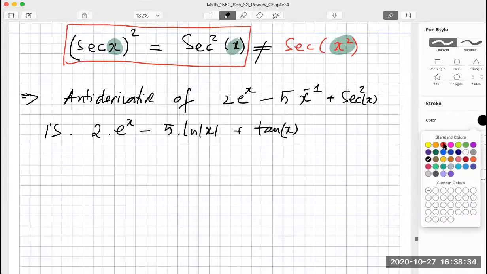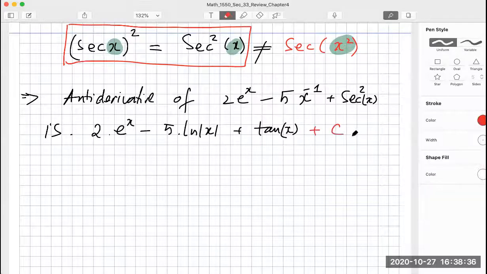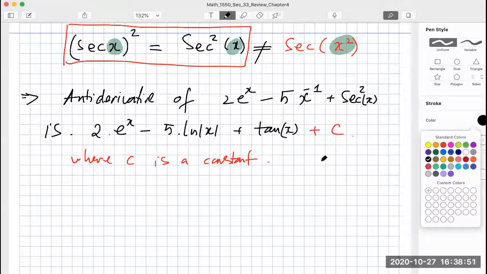And remember to add a constant. Right, that's it. The most general antiderivative.